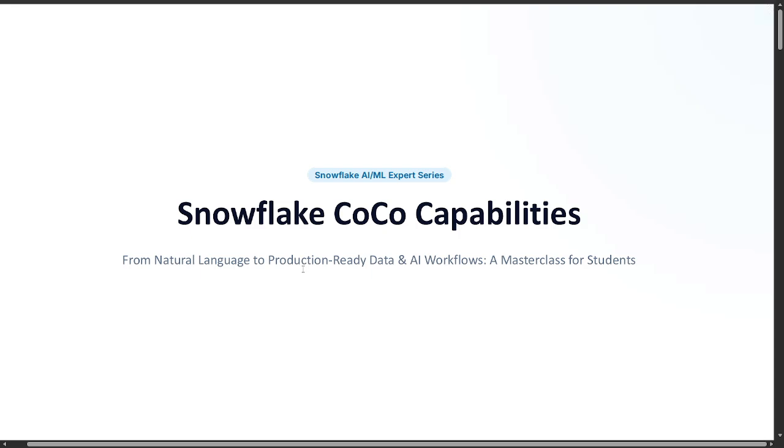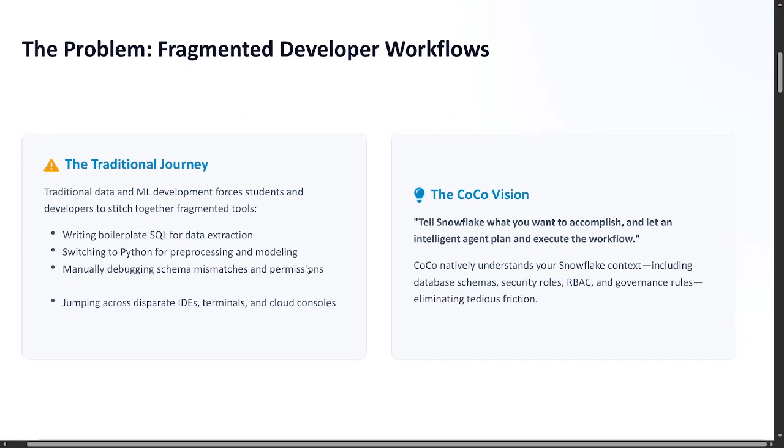Whether you are a student, a developer, or a data engineer, this class will show you how an autonomous AI agent, which is CoCo in our case, or some of you might know it as Cortex Code, is transforming modern data development for every developer. That is what we are going to learn in this session.